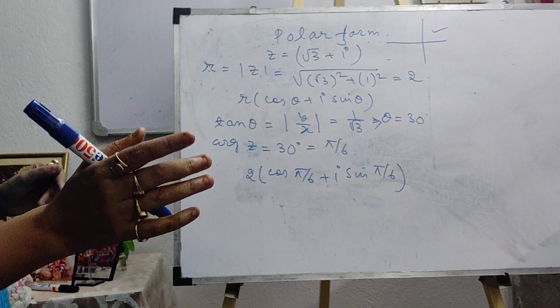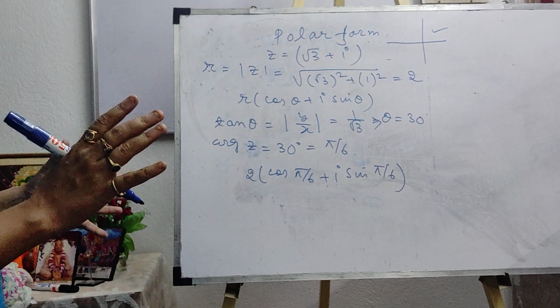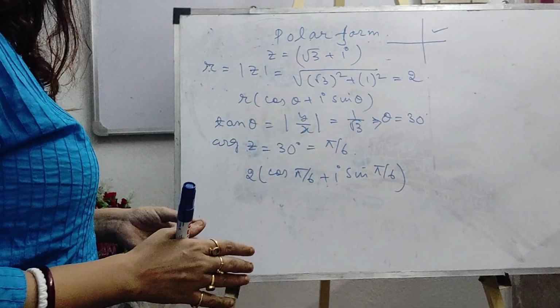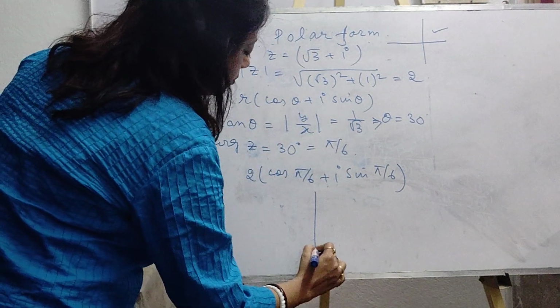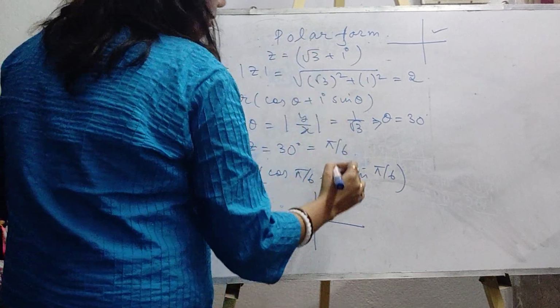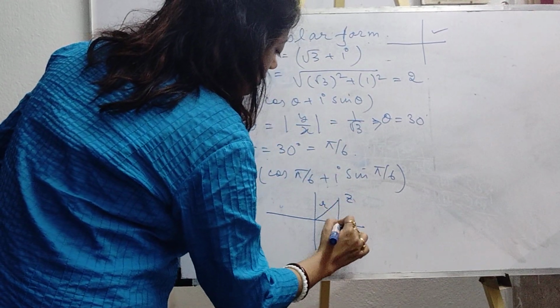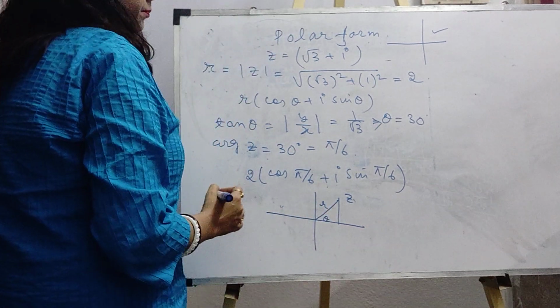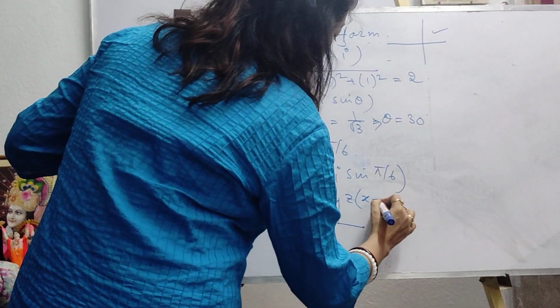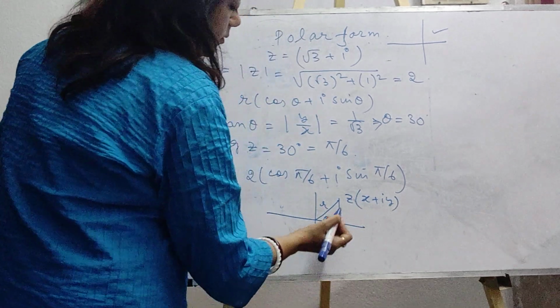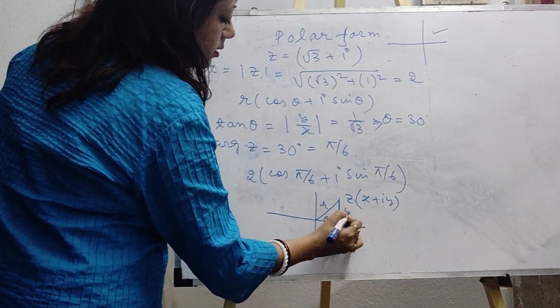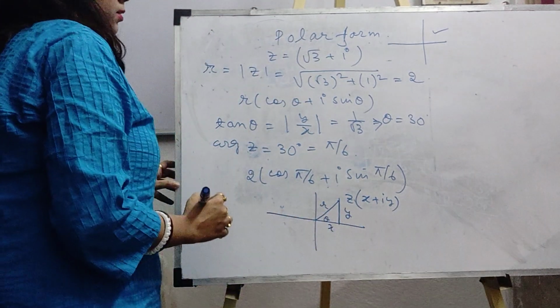Now if you want to know diagrammatically, I'll show you. Suppose this is the point z lying here. This is r and this is theta. If it is x plus iy, then this perpendicular is y and this is x.